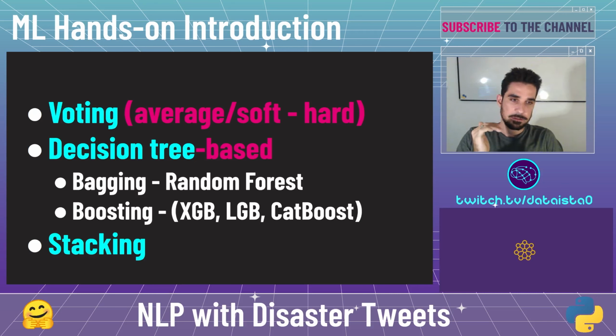A slightly more complex idea is a weighted average, where we could assign weights to each model based on some facts, for example, how well they perform on the dataset by themselves. So we would say, okay, I want this model to have twice as many votes as the other, and so on.